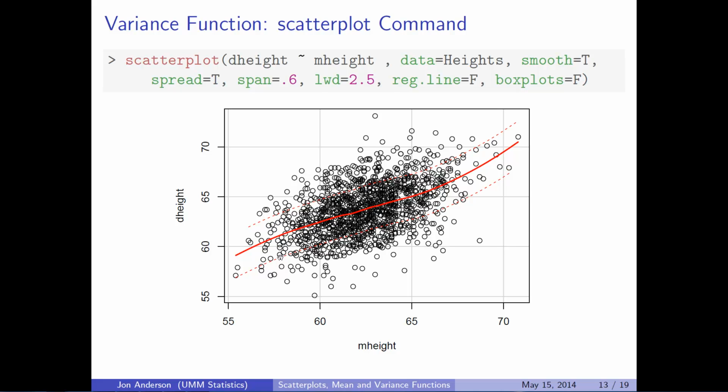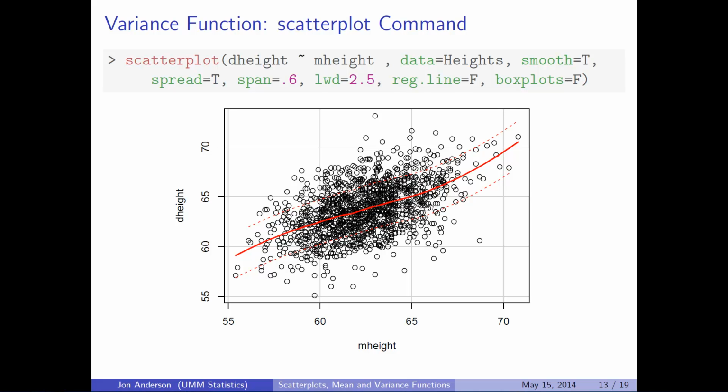And so what I can see from this is that at about daughters that average about 60 inches of height, their standard deviation is about 2.5 inches. And so standard deviation throughout this scatterplot is that daughters tend to have about 2.5 inches of variation, standard deviation, above and below this mean function.